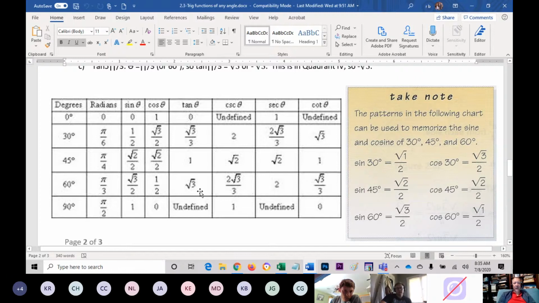Remember, sine is square root of 1 over 2, square root of 2 over 2, square root of 3 over 2, and then 1, square root of 4 over 2. Cosine is in reverse order. And then your tangent, square root of 3 over 3, 1, square root of 3, undefined. Make sure that's memorized because that's going to be huge. You don't get to use any notes for this, and I'm going to give you a calculator with the test that you can use.